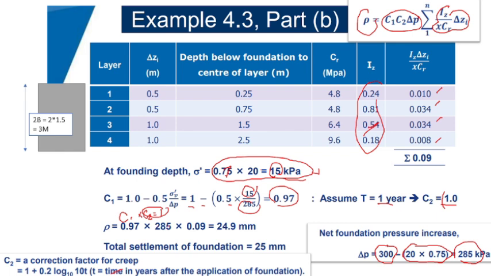Then you have the net foundation pressure, and then multiply it by this total value of each layer. And this one actually is already the settlement, but we apply some correction factor. That means your total settlement is 24.9 millimeter, or should we say 25 millimeters.